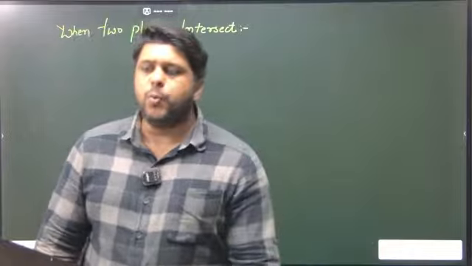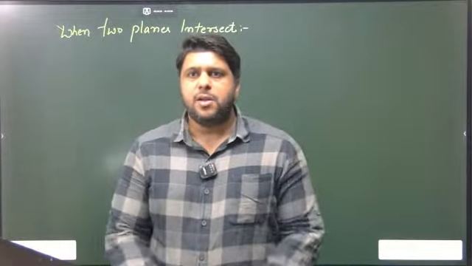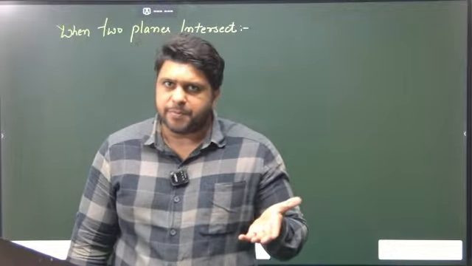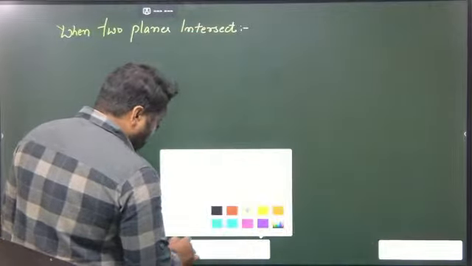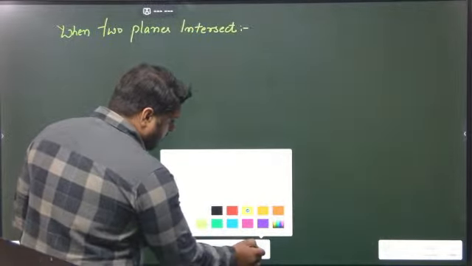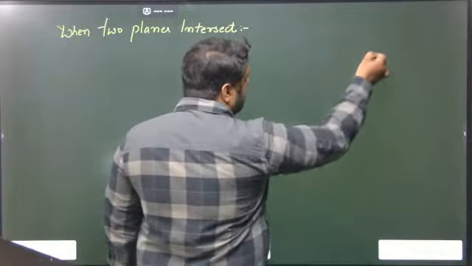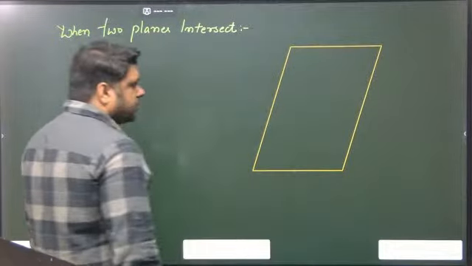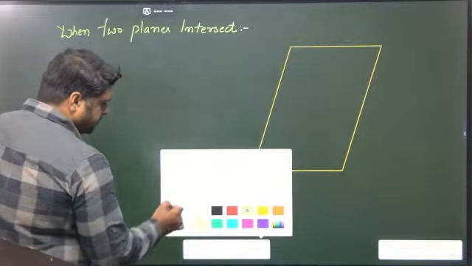If we have two planes intersecting each other, what kind of structure are we going to see? Now let me take a plane. Let's say I have taken a plane like this. This is my one plane. Now I have another plane.